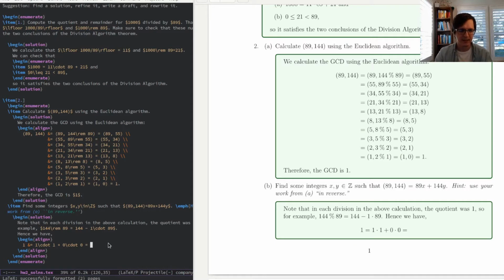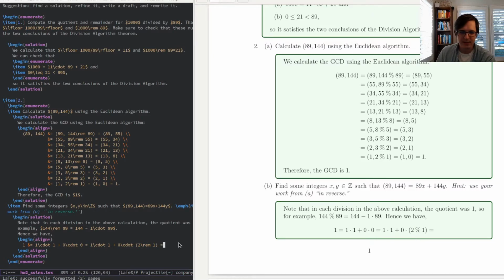So let's write this out in excruciating detail. What we're going to do is keep recognizing the second number in these sums as being one of the remainders that we calculated.